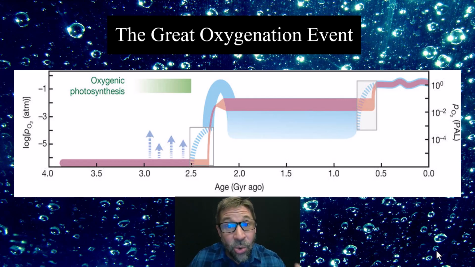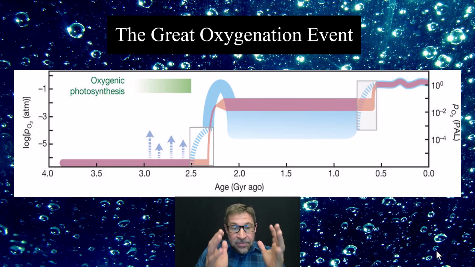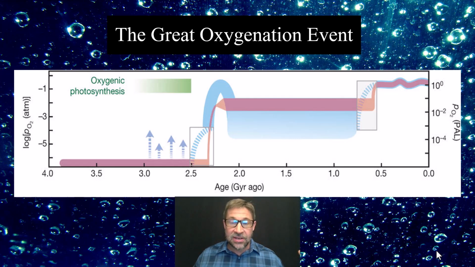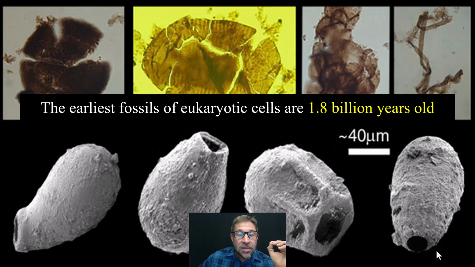And it's not a coincidence that by 2.1 billion years ago, the atmosphere is filled with oxygen, and many of the anaerobic microbes have died off in this great extinction event, and we find the earliest fossil evidence of eukaryotic cells in rock that dates at 1.8 billion years ago.